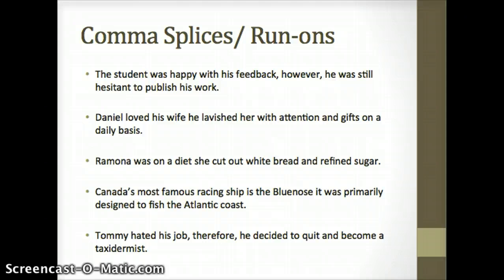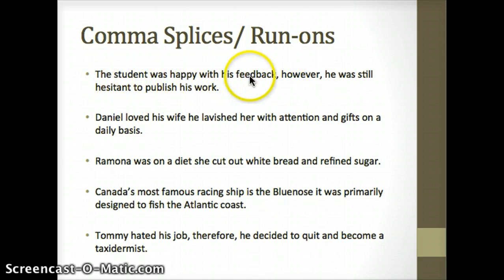So here are some examples of comma splices or run-ons. This is another problem that is very common in first year writing. So the first sentence is a run-on. So we know it's a run-on if we have a complete thought attached to another complete thought, and there's just commas between those two sentences.